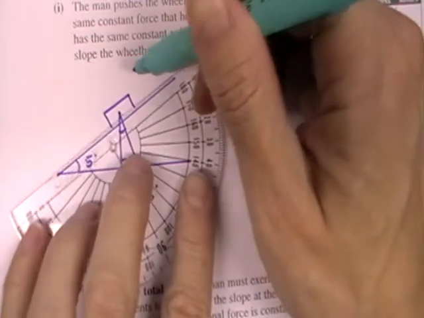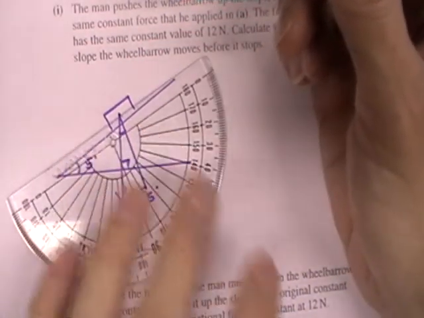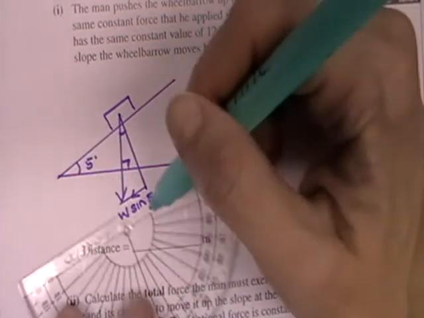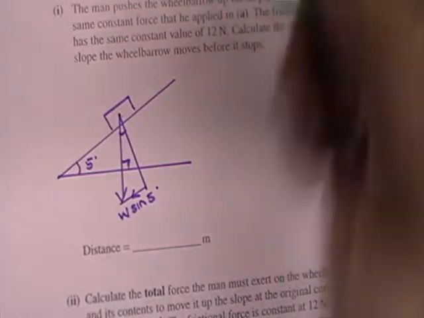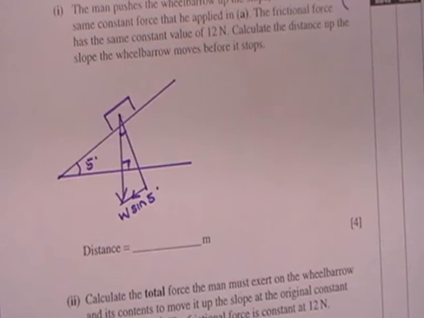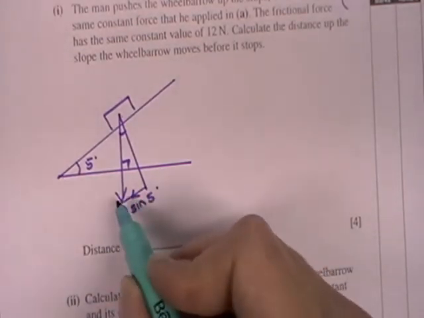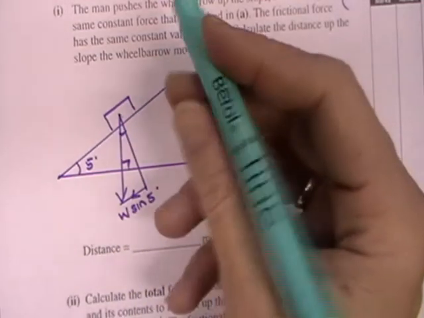So the frictional force which acted against the man is going to be equal to this W sine 5. So we need to calculate an acceleration, because this is an extra bit which is going to slow the wheelbarrow down.